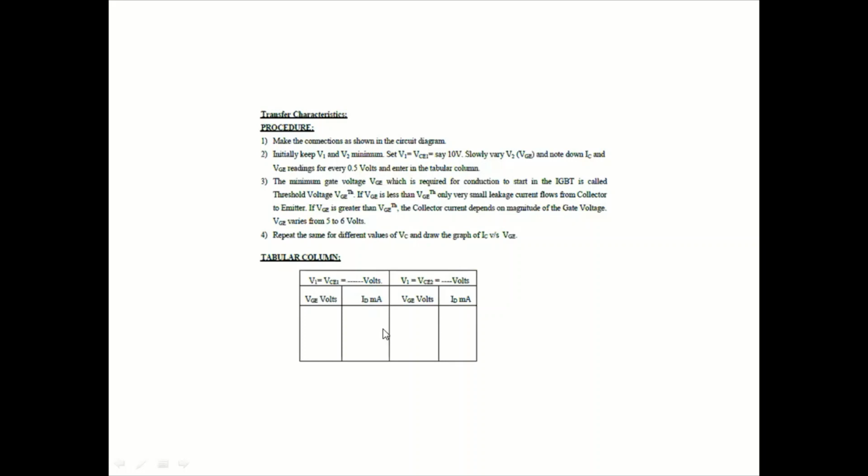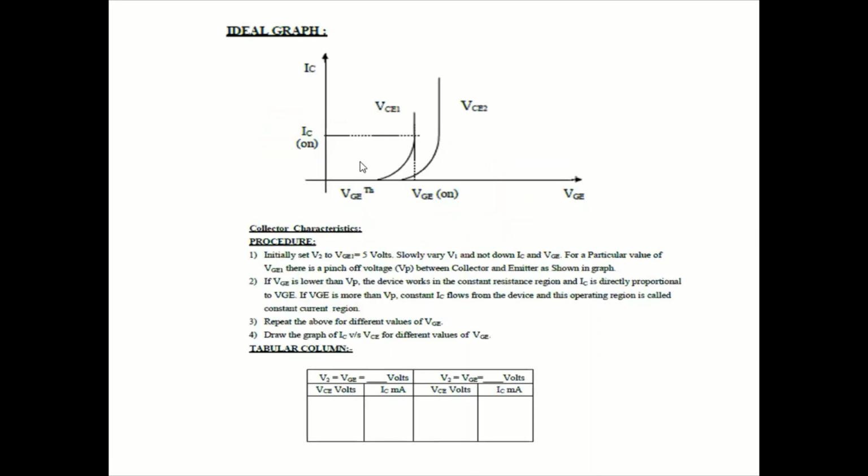So the plot of the collector current versus the gate to emitter voltage is called the transfer characteristics, indicated by this particular ideal graph. As you can see, initially, even if the gate to emitter voltage is varied, there is not much change in the collector current, which stays almost close to the x-axis, that is the leakage current.